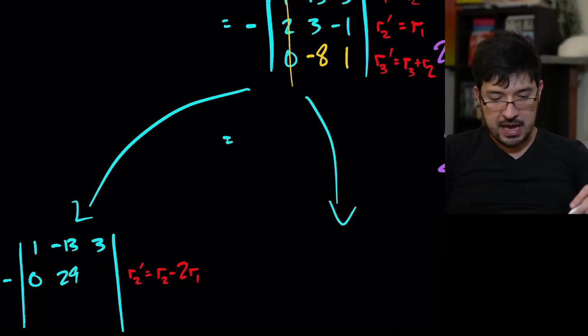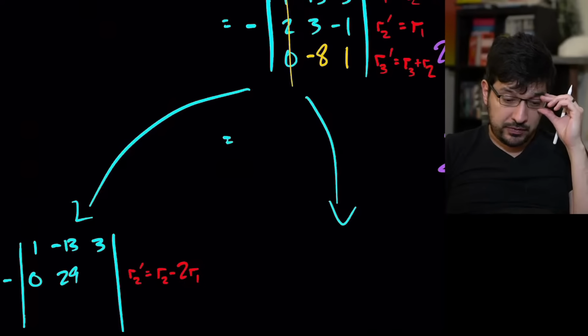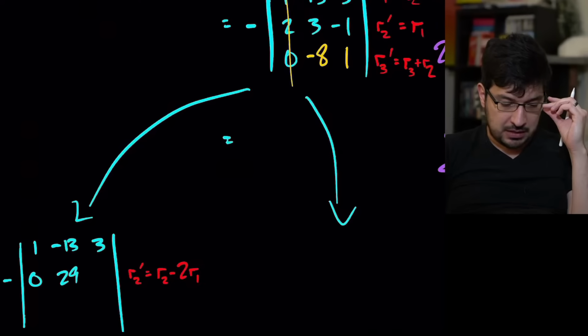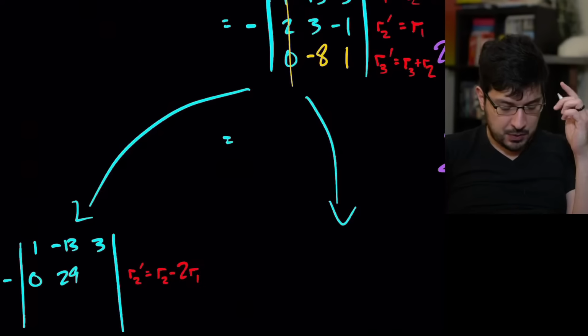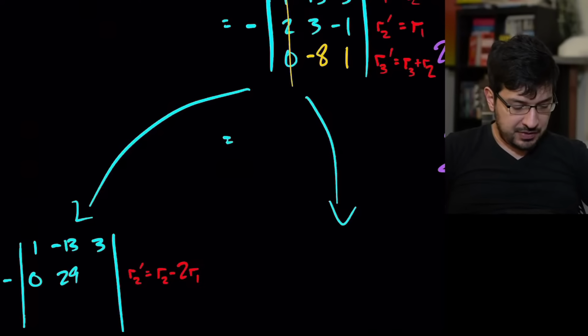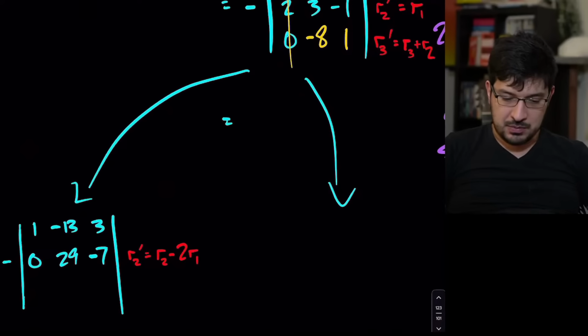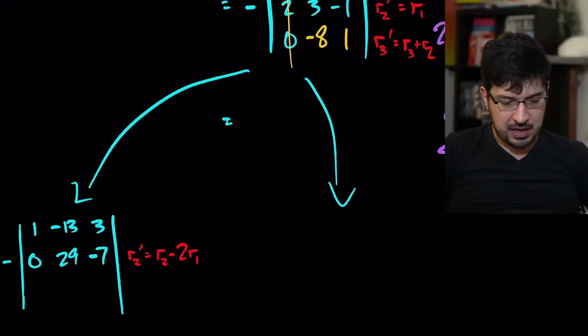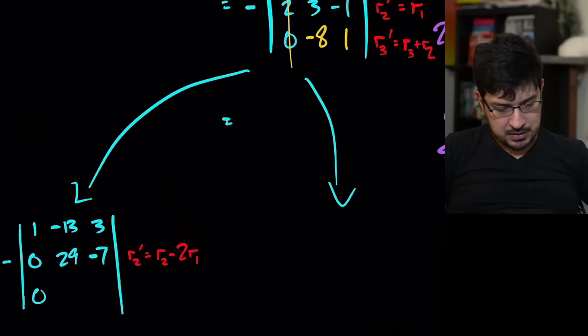And then we have, wait, -6. Yeah, -6 plus -1 is -7. We're getting some weird numbers, but hey, maybe it works. I don't know. 0, -8, 1.